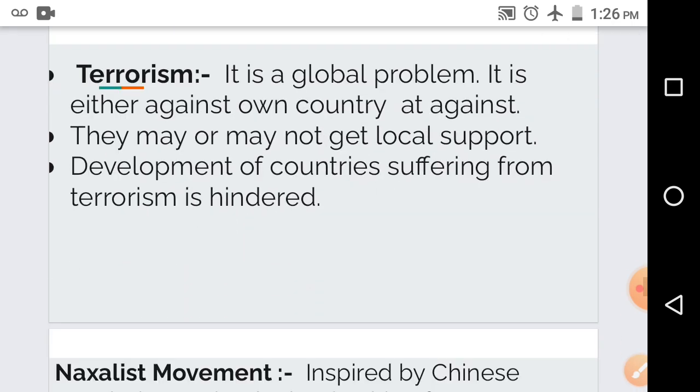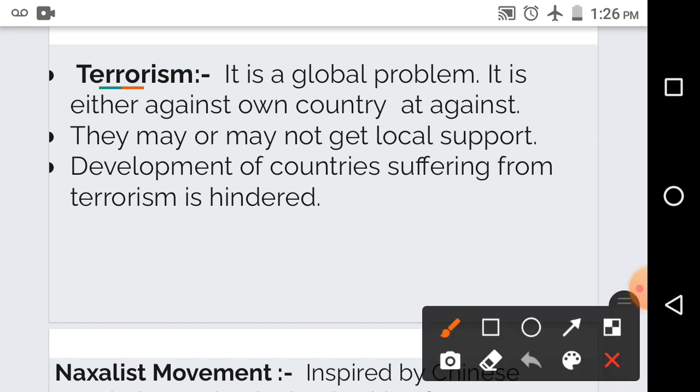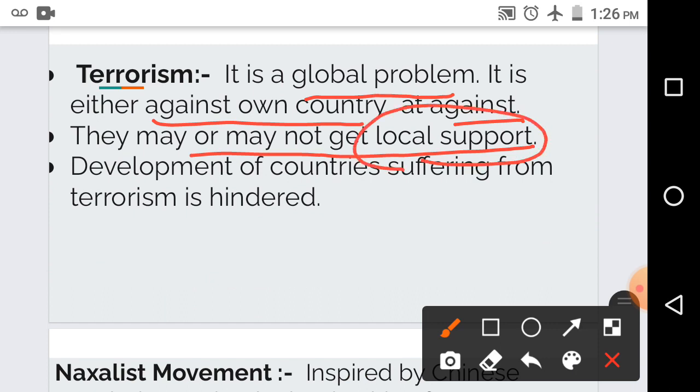The next is terrorism. It is not restricted to one particular region, but is a global problem. It is either against one's own country or against other countries. It is spread at the international level. They may or may not get local support. With terrorism, it is not always possible that local people support them.